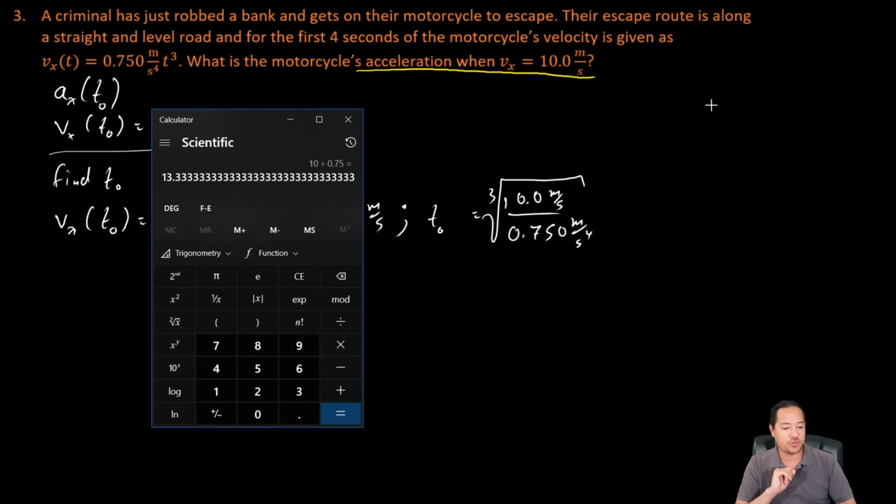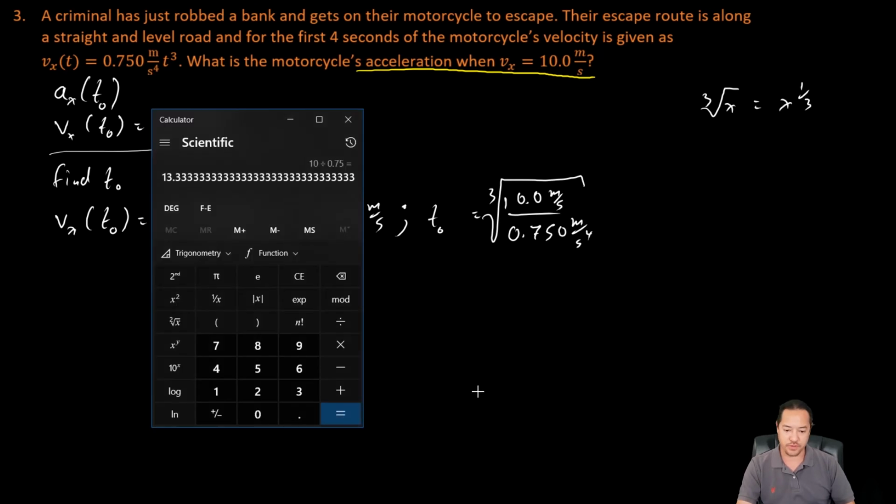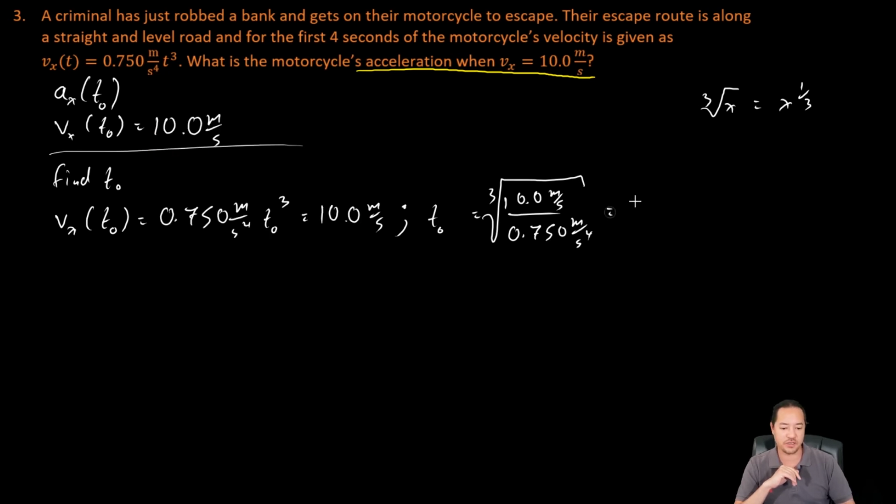Remember, a cube root is the same as x to the power of 1/3. So I raise this to the power of 1/3, which is the same as taking the cube root, and I get 2.37 seconds.